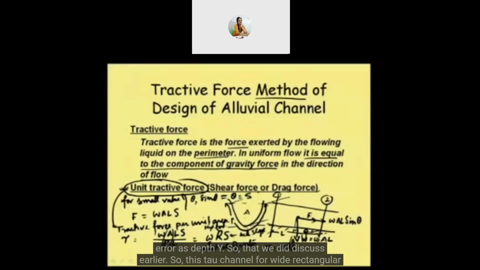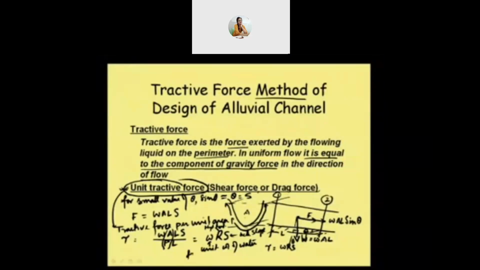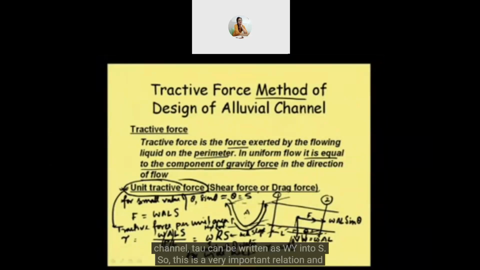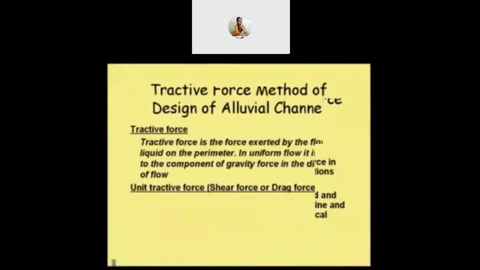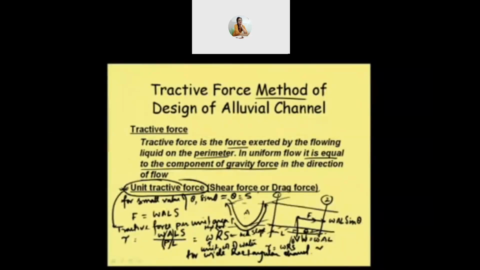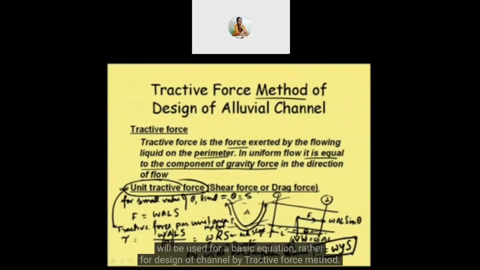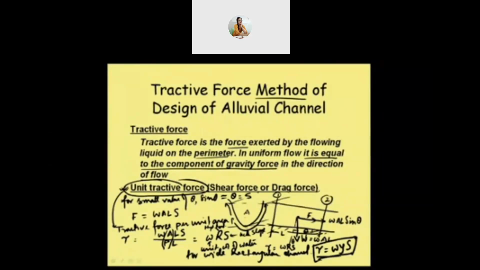So for a wide rectangular channel, tau can be written as WYS. This is a very important relation and will be used as the basic equation for design of a channel by the tractive force method.